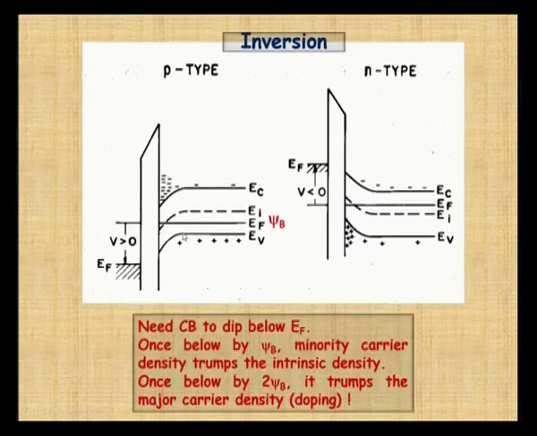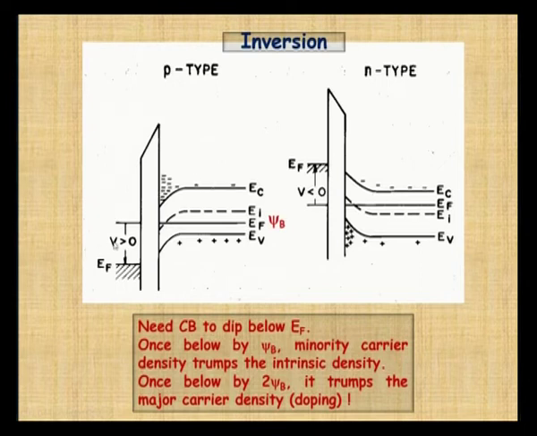Inversion is a process where we are going to invert the charges. The majority carrier of p type will be inverted with the minority carriers, and same thing, the majority carrier in n type, electrons, will be inverted with the holes. As we know p type has majority carrier holes, but it is inverted with the electrons in the conduction band.